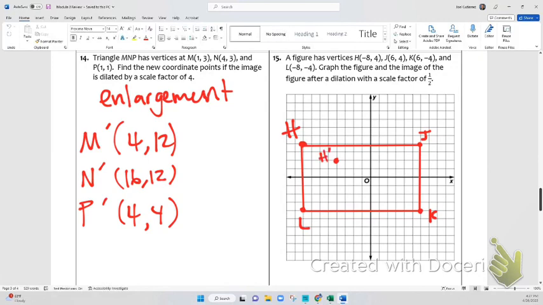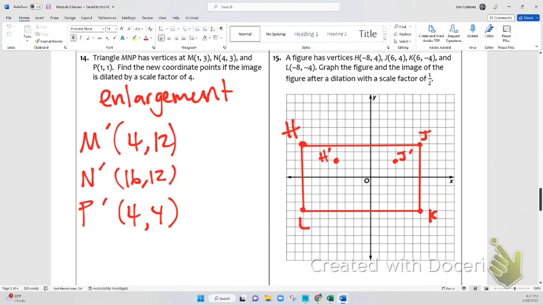And then I do the same thing to all the rest of them. Half of 6 is 3. Half of 4 is 2. So then I go to 3, 2, which puts it here. And this becomes my new J prime. And then half of 6 is 3. Half of -4 is -2. So I go to 3. Oops, did I do that wrong?